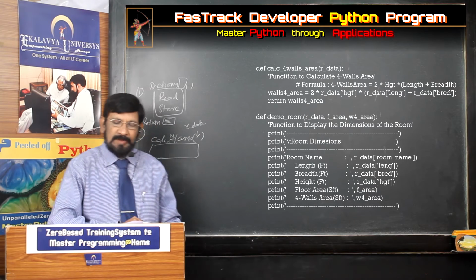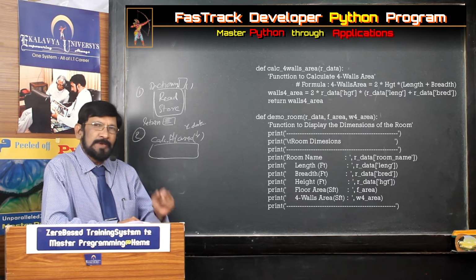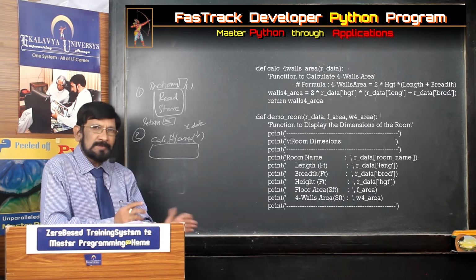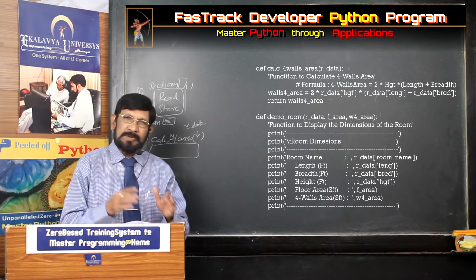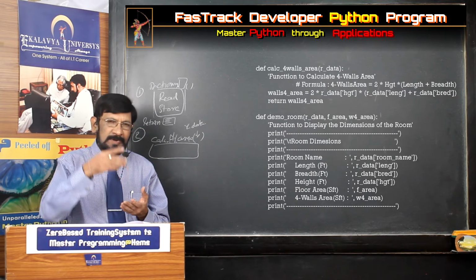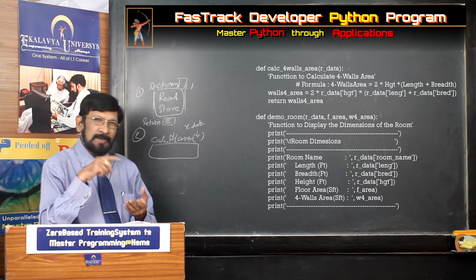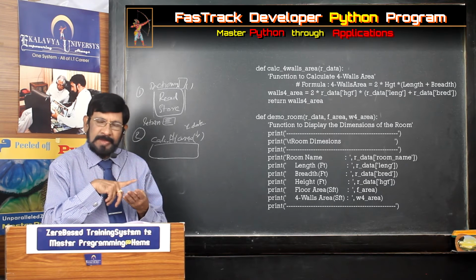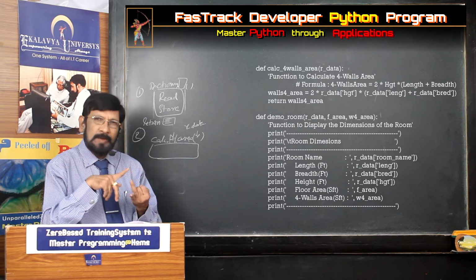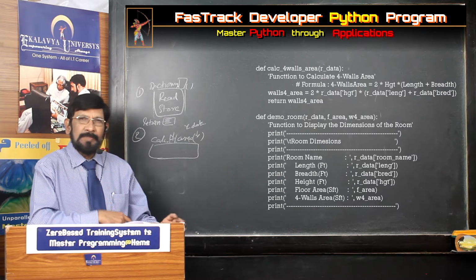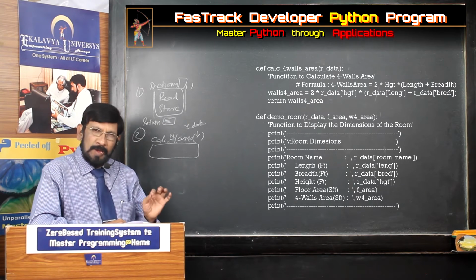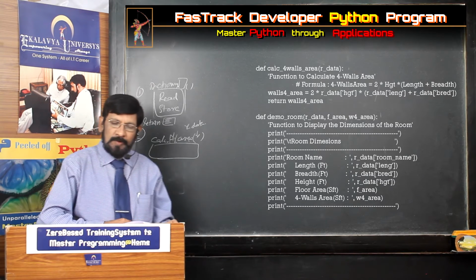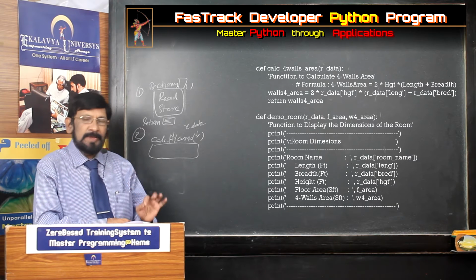Now let us consider what name should be given: demo room or demo room areas. Which data does it require? In order to display the statements, you know the contents: length, breadth, height, floor area and four walls area. So the read data function's data structure we have to pass, and floor area and four walls area we have to pass.